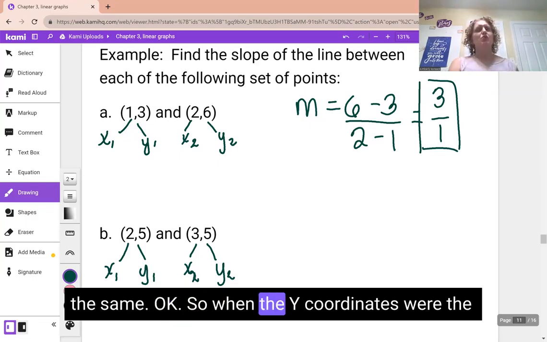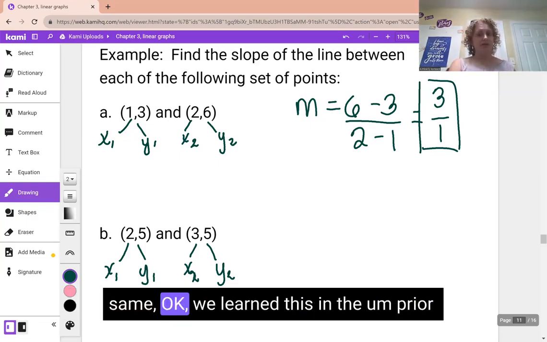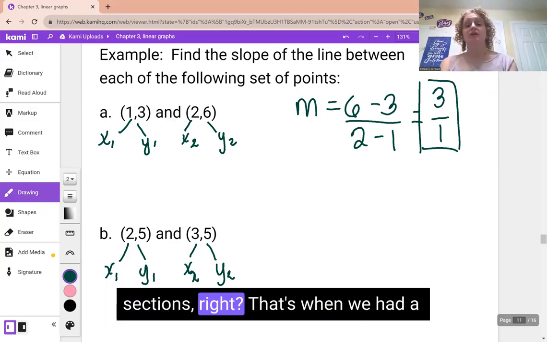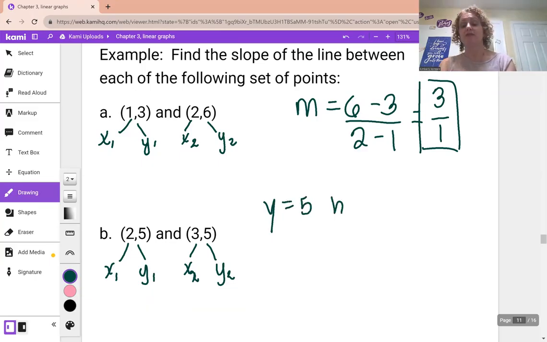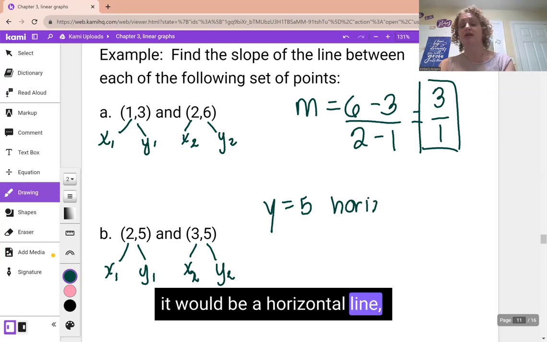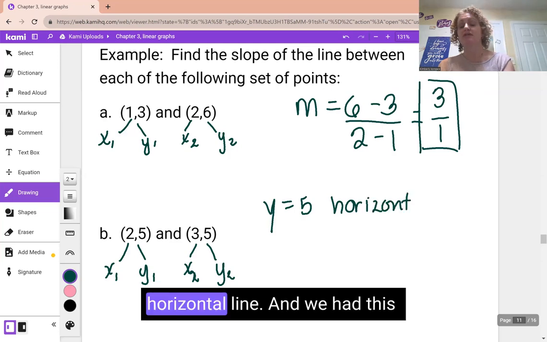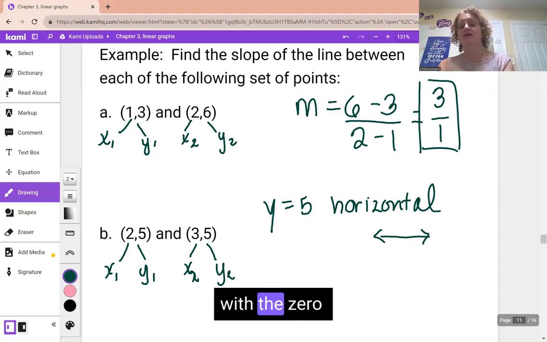When the y coordinates are the same, we learned this in the prior sections, that's when we had a horizontal line. The equation would be y equals 5. It would be a horizontal line. Remember we had this with the zero slope.